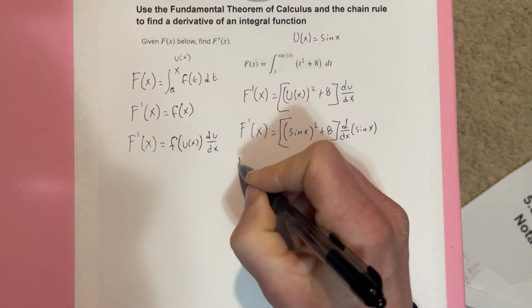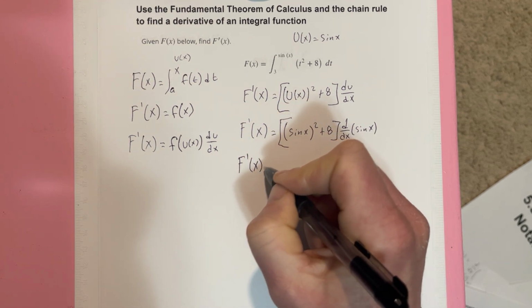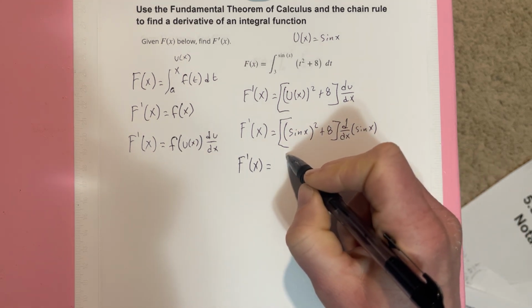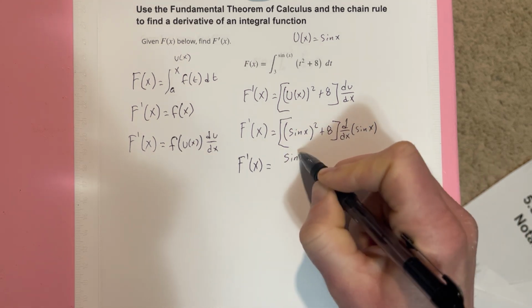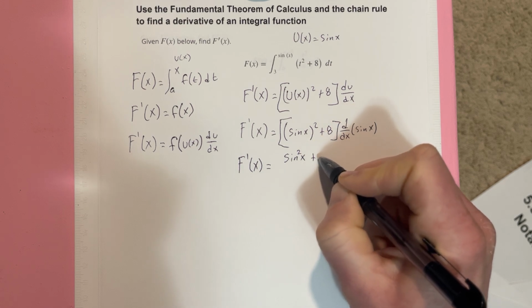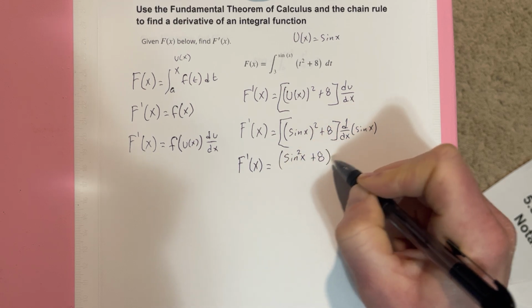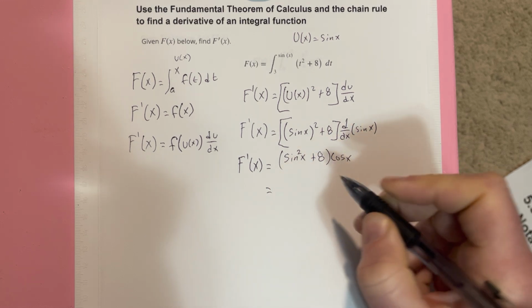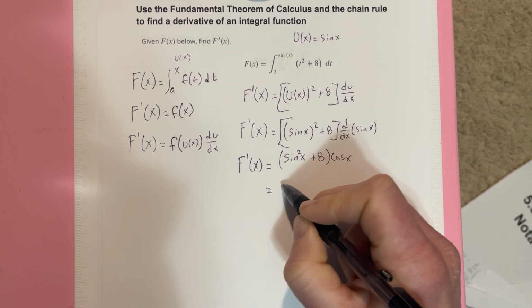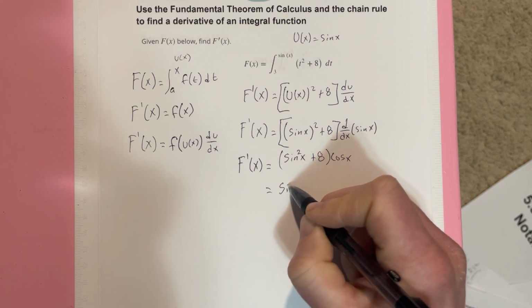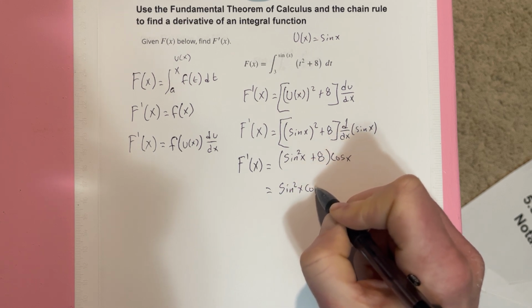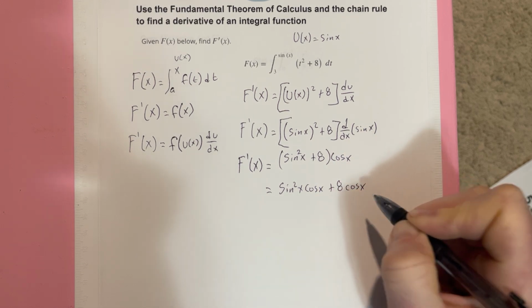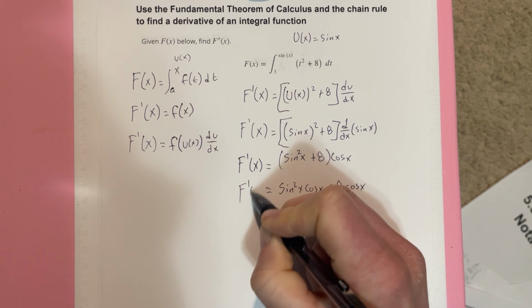Well, we know the derivative of sine x is cosine x, so we end up with sine squared x plus 8 being multiplied times the derivative of this, which would be cosine x. So we're going to end up with sine squared x cosine x plus 8 cosine x for F prime of x.